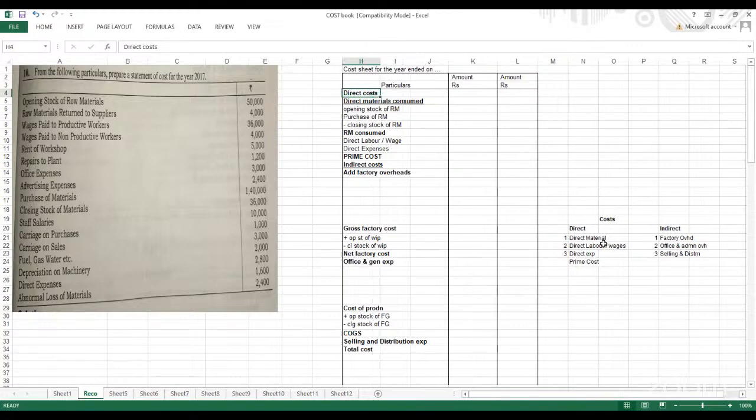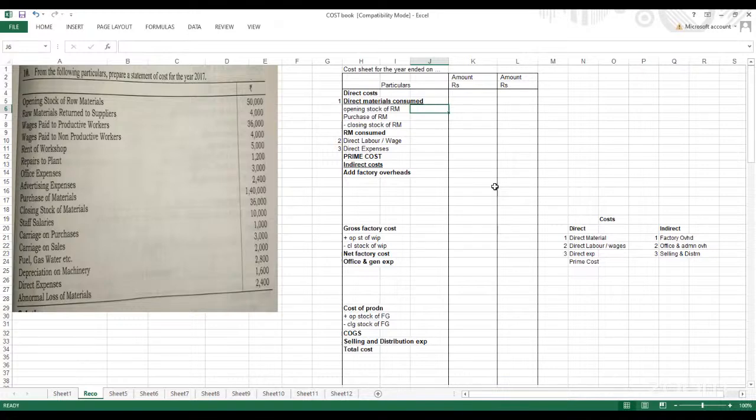In that, as I told you, there are three subheads: direct material, direct labor, and direct expenses. Direct material is also called direct material consumed. Sometimes direct material is not directly given to you. They will provide the opening stock of raw material, purchase of raw material, and closing stock of raw material.